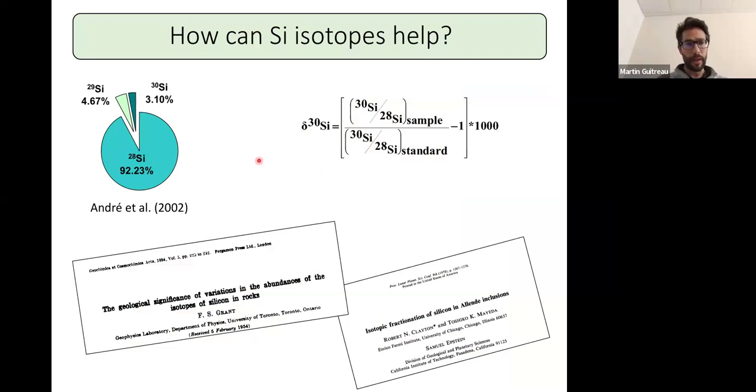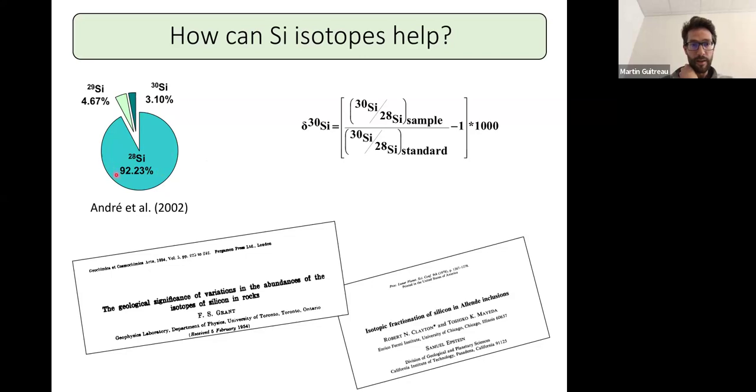So I suppose that not all of you are familiar with silicon isotopes, so I will go briefly through silicon isotope systematics. Silicon is mostly composed of 3 isotopes.